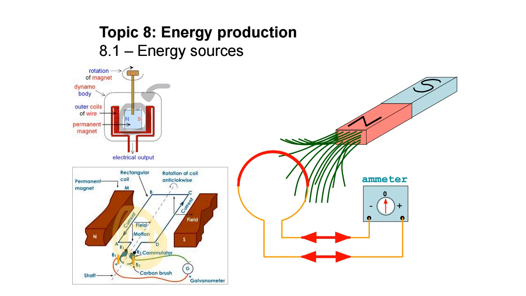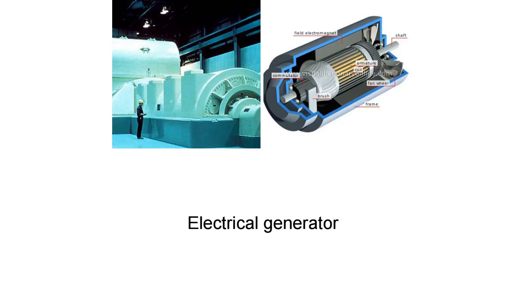You make it spin, and because it's spinning inside a magnetic field, current is forced through the wires, right? So that spinning is what gives you electricity. These generators are absolutely huge. This is just one of them, okay? And this is how big they are compared to this man.